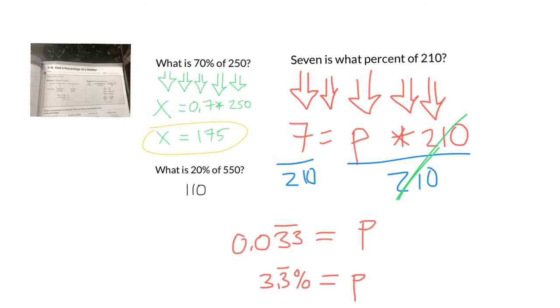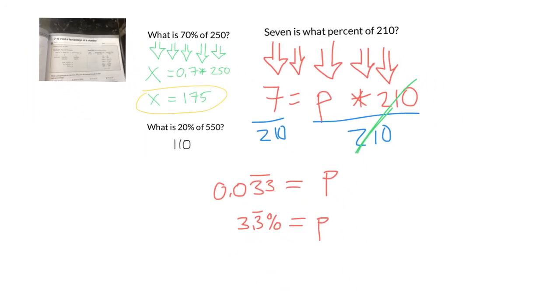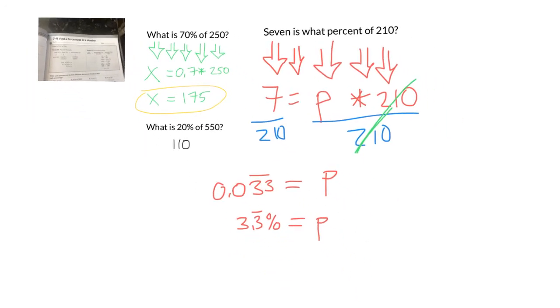So let's have you try a similar problem right now. Okay, 5 is what percent of 30? Go ahead and pause the video, try it yourself. I'm going to give the answer in a moment.